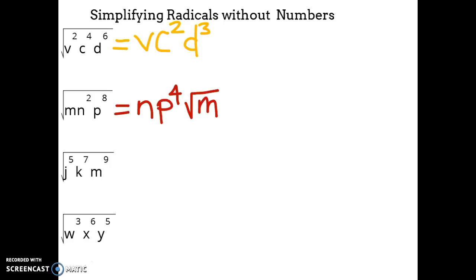What about here? J to the 5th. 2, 2, and 1. So that means there are 2 sets of j's that can come out. One set must stay in.